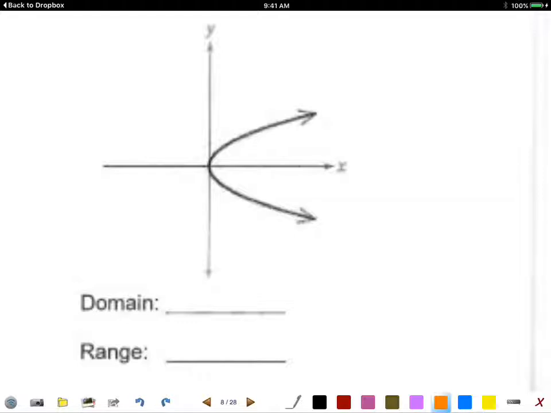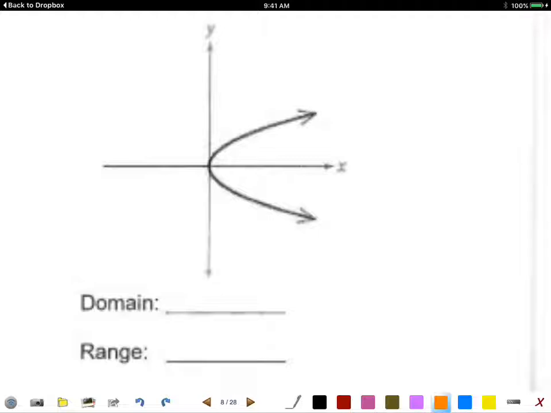So the domain, remember the domain refers to the x value. So how far on the x-axis does this graph go? To the left, it goes to here. That's as far left as it goes. On the x-axis that's at 0, right? How far does it go this way? Infinite. What do these arrows mean? It means it's going to extend and extend, further and further that way to infinity.